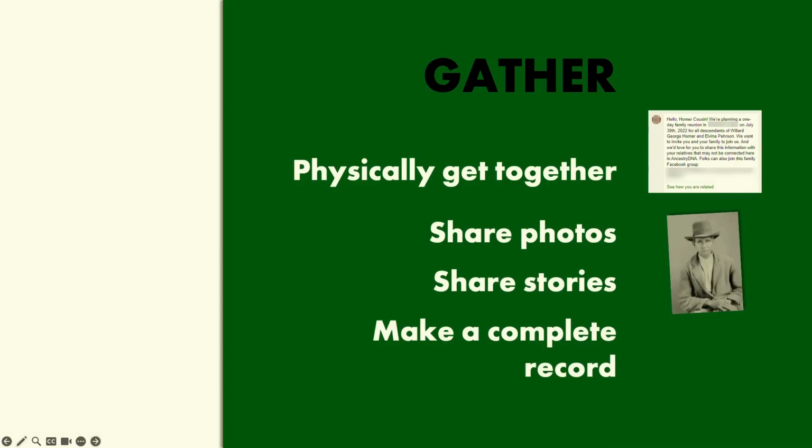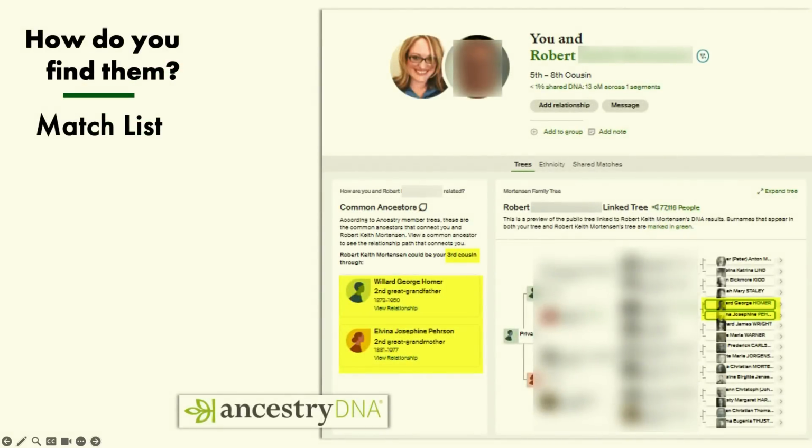So gathering can mean all or any of these things to you. So how would you find people that are descendants of a particular ancestor if you wanted to gather them in some way for some reason? Perhaps you want to commemorate an anniversary of an ancestor, or you want to celebrate some achievement that they made, and you want to gather your family together to do that. How would you find them all?